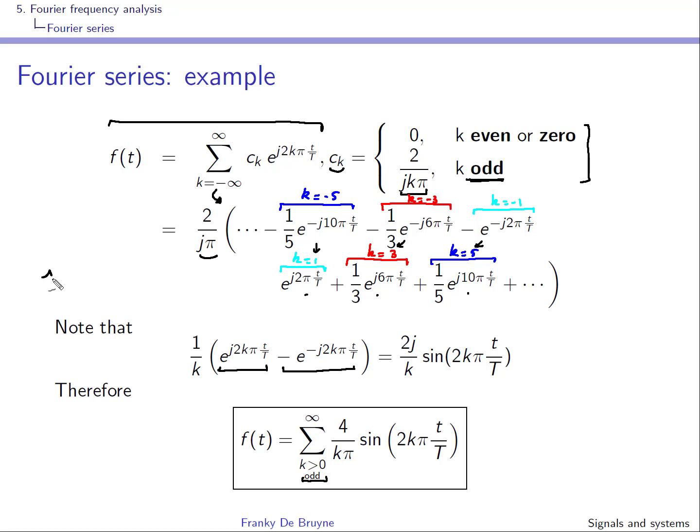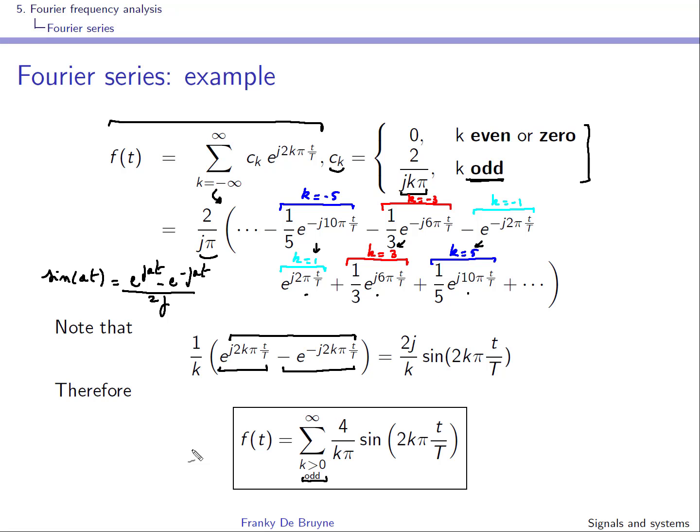Then you have to remember, and this is something that we have seen at the beginning of the course, and it results from Euler's identity, that you can write e to the jat minus e to the minus jat over 2j. So you can see that this is 2j times a sine.